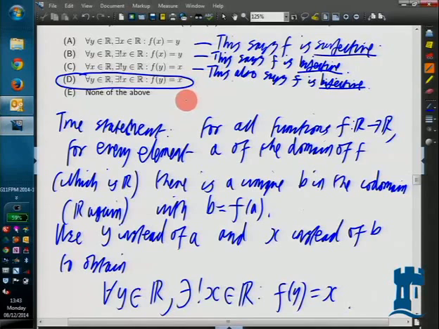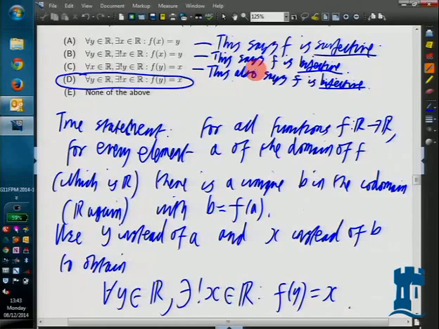So, any questions about that one? I do think this is an important one because people get a bit confused about injective, surjective, bijective, and that's one of the bits that people find hard. Something always comes up about it on the exam.